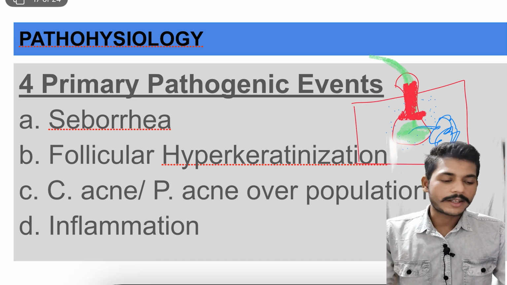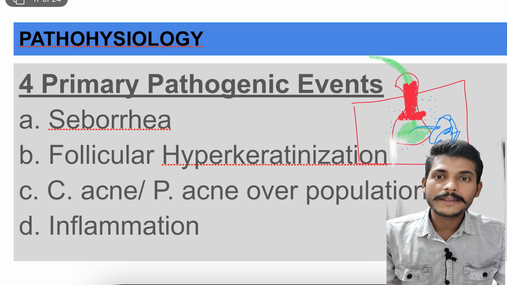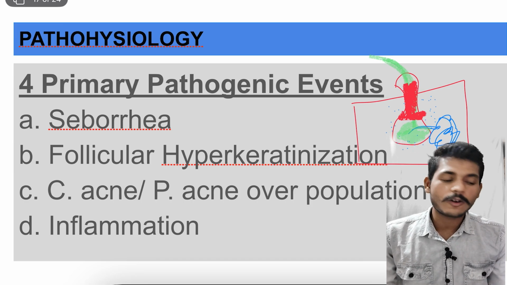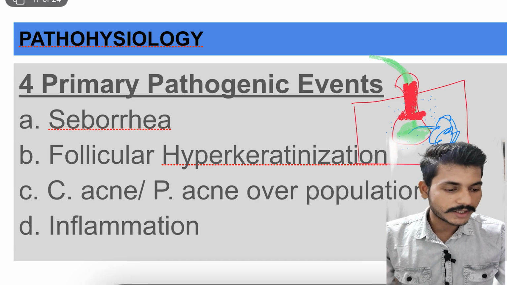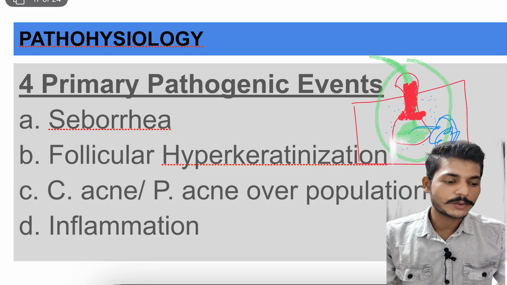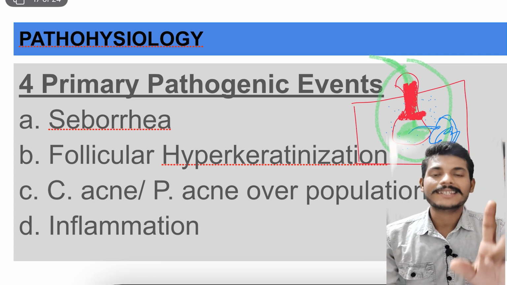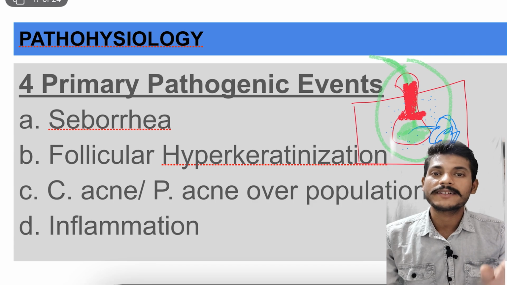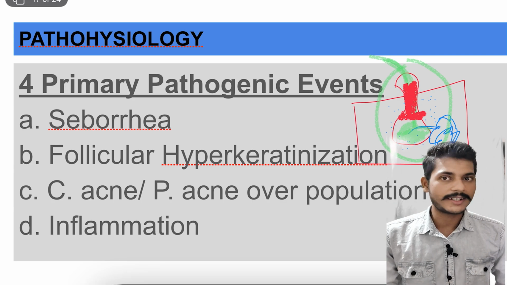This blockage leads to the accumulation of sebum inside the skin microenvironment, so there is a bulging of this unit, which is referred to as the pilosebaceous unit. So there is a blockage of the pilosebaceous unit, and there will be inflammation. As I said at the start of the lecture, it's basically a chronic inflammatory disease of the skin, and now it's explained why it is an inflammatory disease.